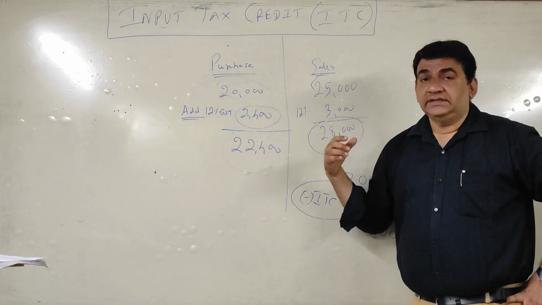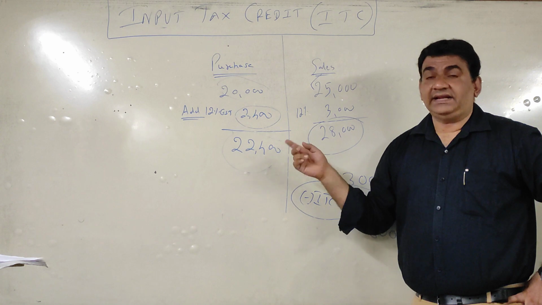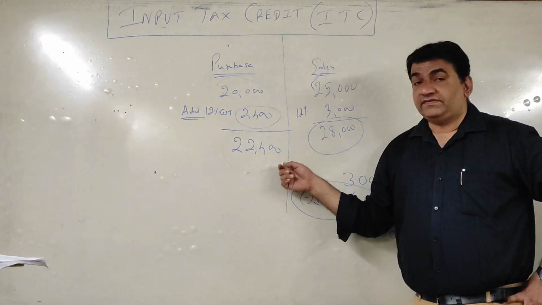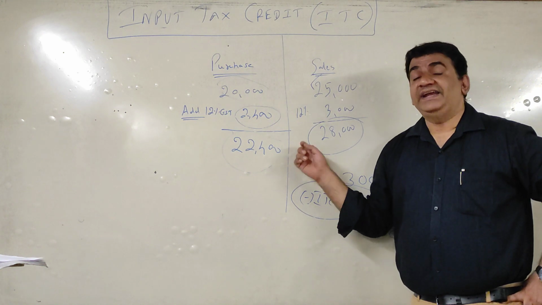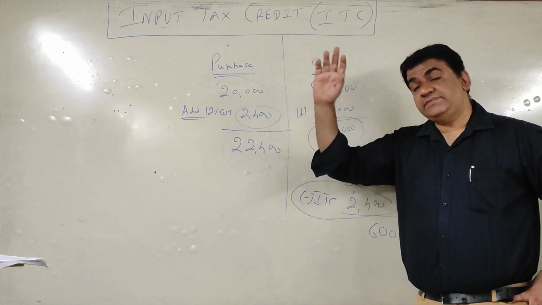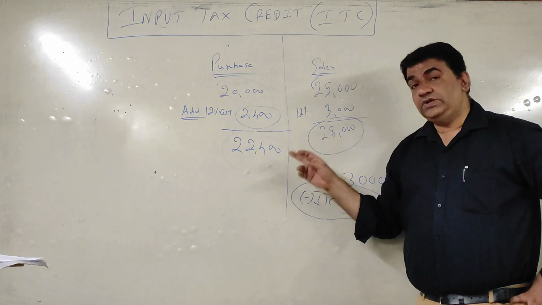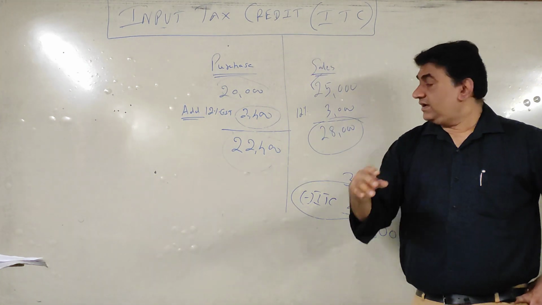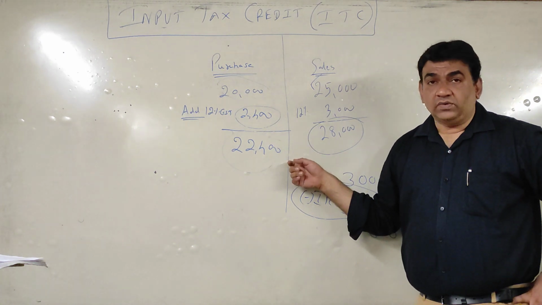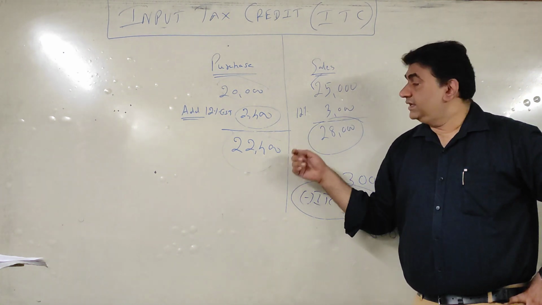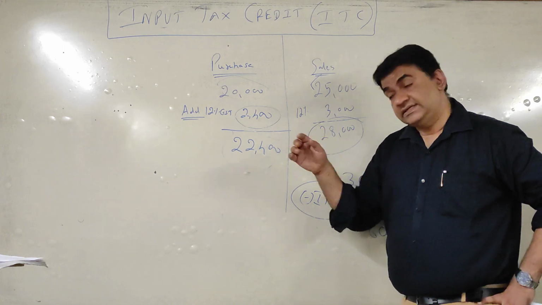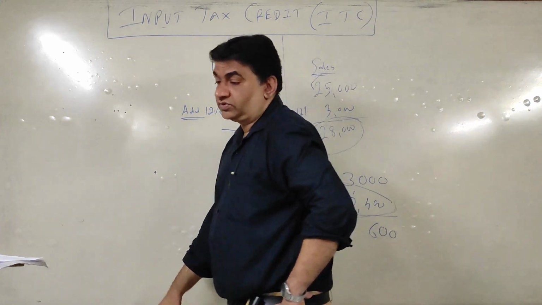The customer has to pay the supplier within 180 days from the date of bill. Otherwise, he cannot claim ITC. If he delays, suppose he makes the payment after 2 years, then you can claim the credit after 2 years. But that is just an example, not now. So if you want to claim the credit, the payment has to be made within a period of 180 days. There are sums based on this also.